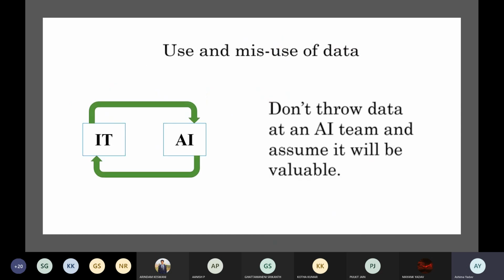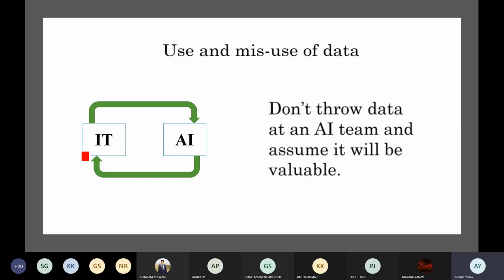Now the term comes: use and misuse of data. It becomes very necessary to have correct sync when you are working in the domain of AI, correct sync between the different departments of the organization.